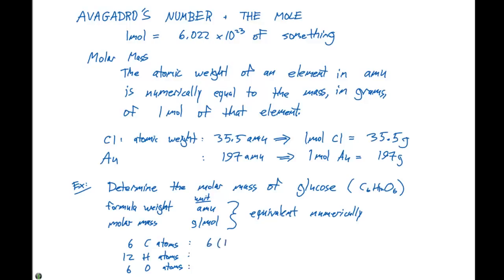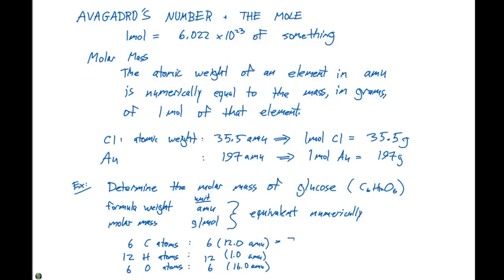There's going to be 6 times 12.0 AMU. For the hydrogen, we have 12 of those times 1.0 AMU. If we now look at the oxygens, we have 6 oxygen atoms times 16.0 AMU. The atomic mass units can all be calculated directly off of the periodic table.